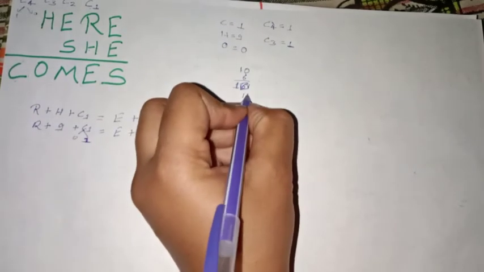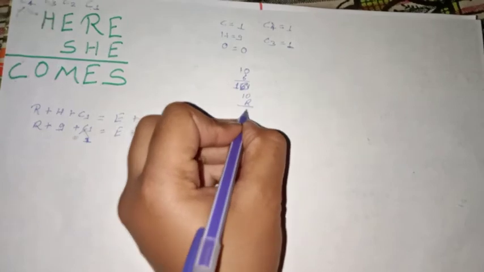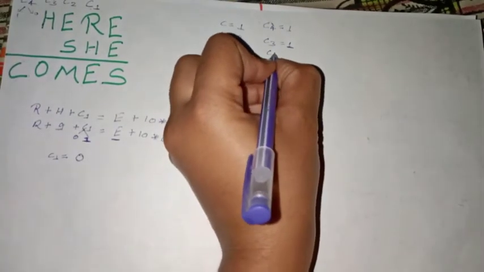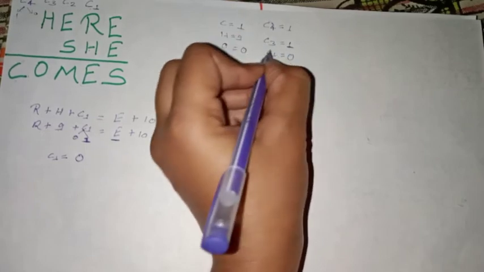But here if we take value of C1 equal to 1, then we got 9 plus 10 plus R. That's why if we add R to 10, then we got R at unit place, but here E is at unit place, so we don't take value of C1 equal to 1. Here we take value of C1 equal to 0. Okay, so here we write value of C1 equal to 0.